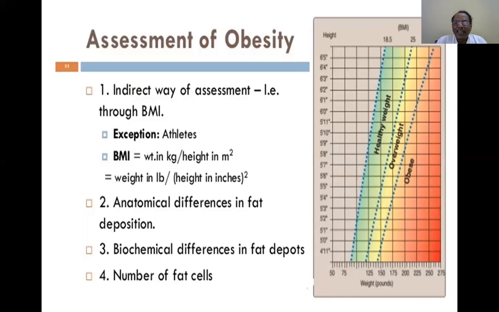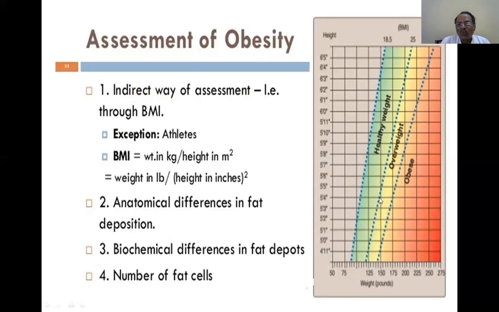We take the weight and try to incorporate it in the health charts. The body weights of thousands of people are taken, and healthy lean people's weight is taken, and then maps are being constructed, and we try to incorporate the individual's body weight, how much it is. Both height and weight come into effect here: for a particular height and a particular weight, whether they are falling in the desirable level or beyond the desirable levels.